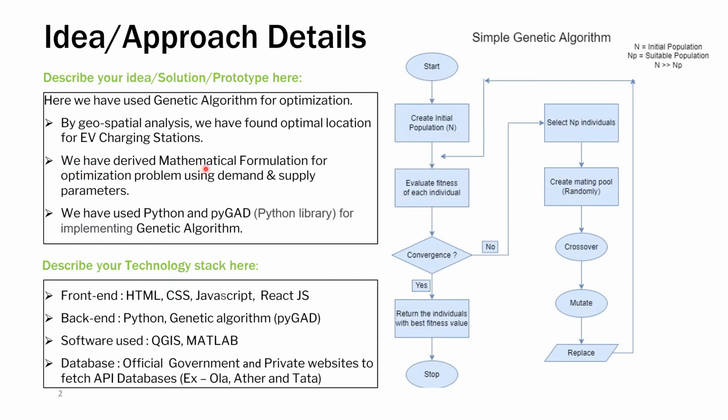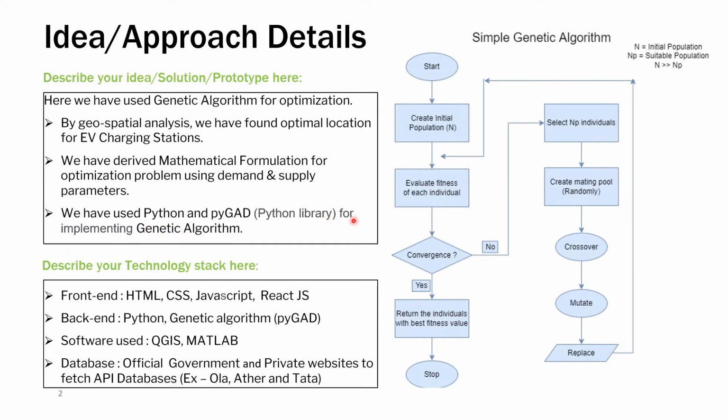Next, we have derived a mathematical formulation. There are many parameters, like demand and supply parameters, such as the population of EVs on the road. Priority-wise, we have decided the numbers also. We have used Python and the PyGAD Python library for implementing the genetic algorithm.